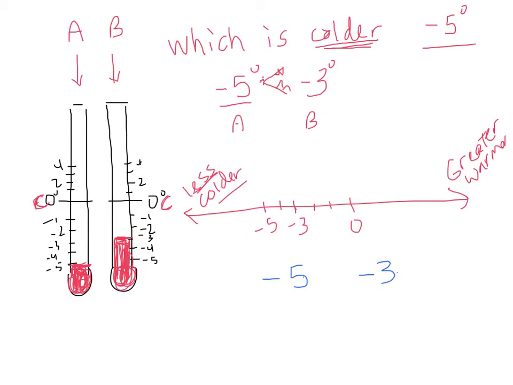Because as an alligator, we want our mouth going to the better of the two. If I have to owe something, I guess I'd rather owe 3 than 5, and there's your inequality. That's how you would write the inequality. So which one was colder? -5 degrees. Write an inequality to compare the two. There it is. The alligator's mouth goes to the one that's best.